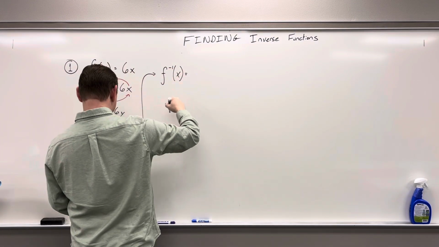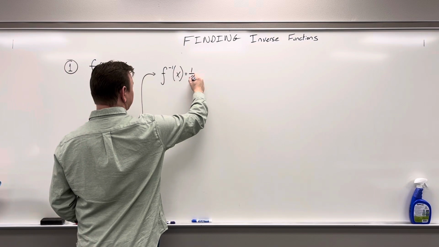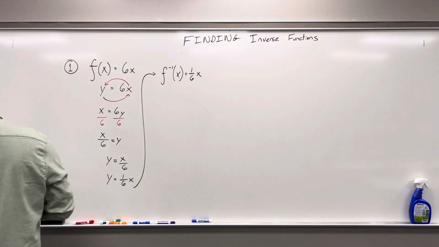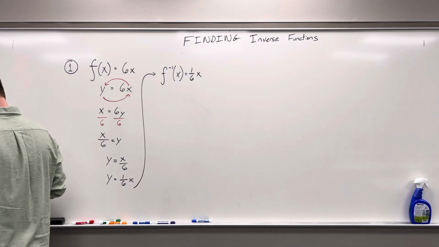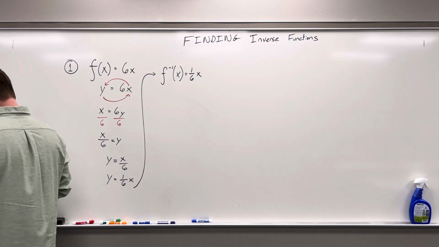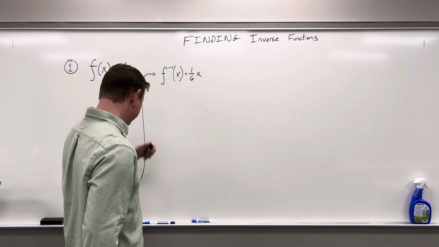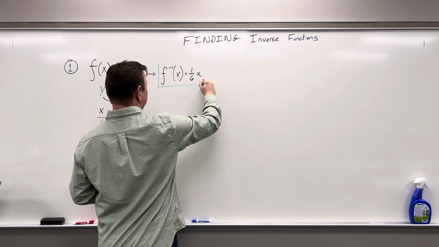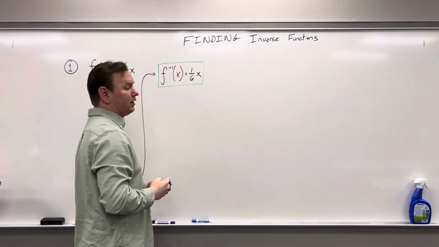So now we say this inverse notation is 1 over 6x. Okay? And you always double check yourself, and this is indeed our answer right there. Okay?